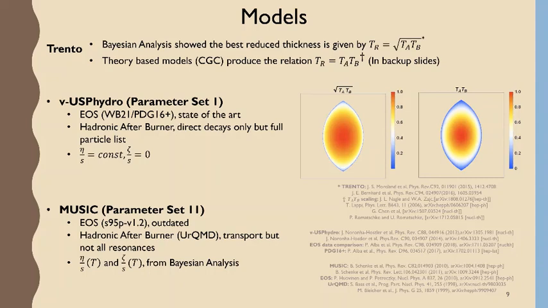The bulk is set to 0, with the shear being constant. And then the MUSIC hydrodynamic code has a more outdated equation of state, but it has a full transport with UrQMD, though it doesn't contain all resonances. It has shear and bulk that depend on temperature.